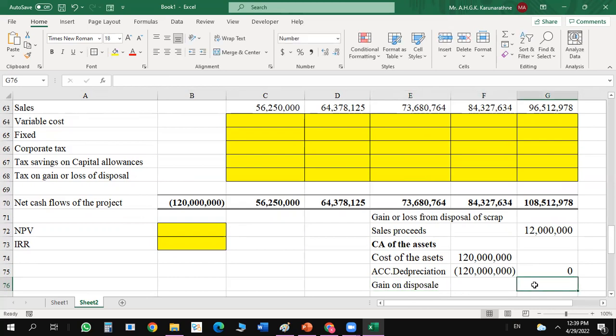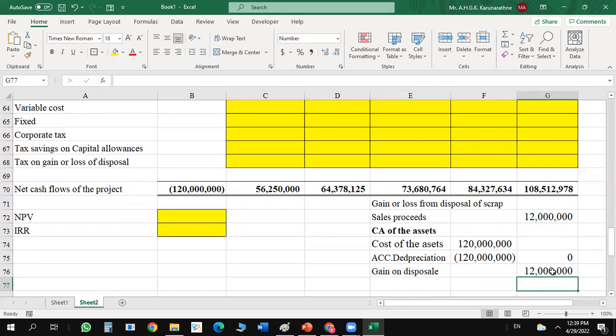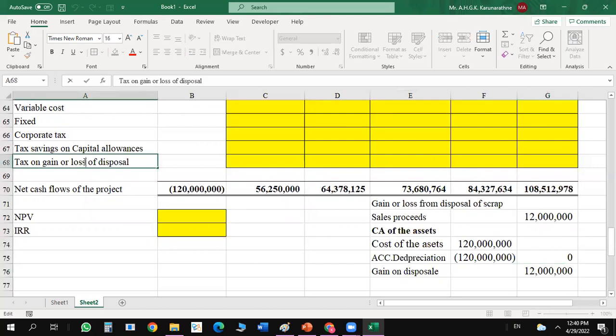How much? 12 million minus 0, this much. එතකොට මේක profit එක, business එකට මේ මත tax එකක් ගන්න ඕනේ. So accordingly tax on gain, අපි loss කියලා යන්න ඕනේ නැහැ.